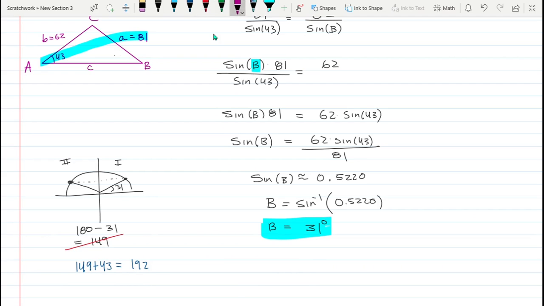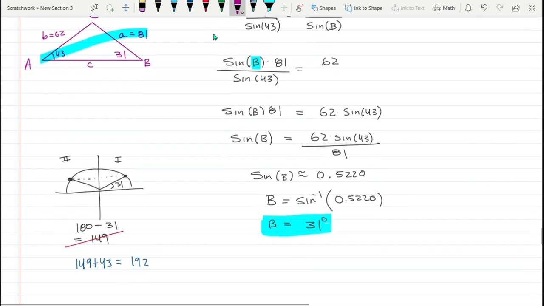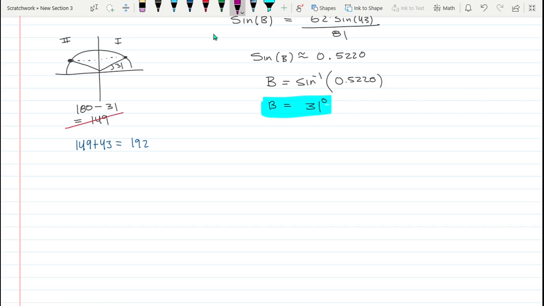So this is 31 degrees. Then, given that, we can find the third angle by adding the information, right? We have 43 plus 31 plus C equals 180, right? And so those two combined give us 74.